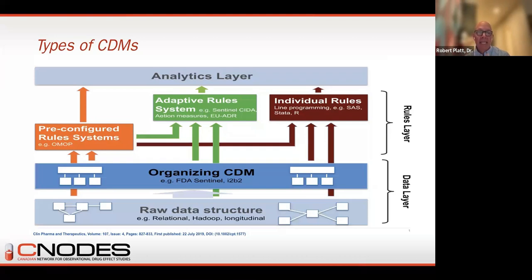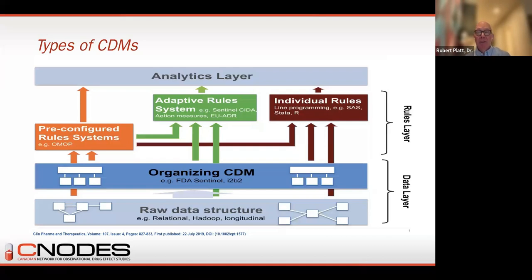You can do like OMOP does and create a pre-configured rule system that then you have this really heavily standardized data that goes to the analytics layer, and you know that you've got this sort of standardized coding of incident type 2 diabetes across different databases.